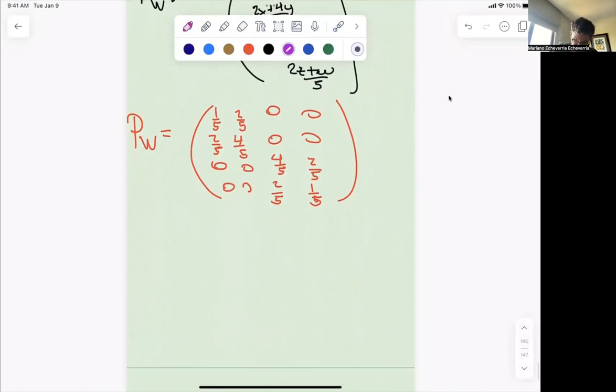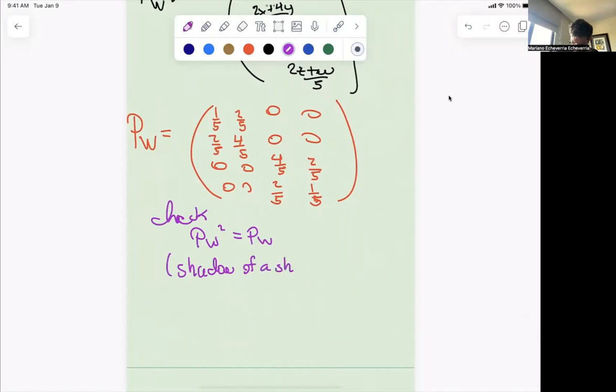And the cool thing about this matrix is you can check, it's a little bit tedious, but it will square to itself, which is that thing that I said yesterday: the shadow of the shadow is just the shadow. Once you are inside, you don't have to do anything else to be inside, so the matrix will not try to modify you anymore. That's the fact that the square of the matrix is the same.